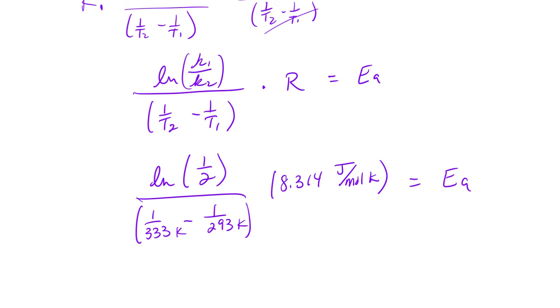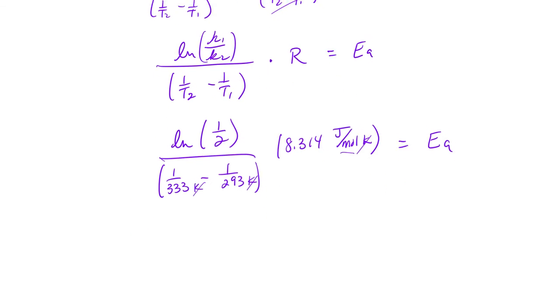If we look at our units, we have 1 over Kelvin, and that's going to cancel with the Kelvin here. So when we subtract these, we're going to be left with 1 over Kelvin, which means our units are going to be in joules per mole for the activation energy.